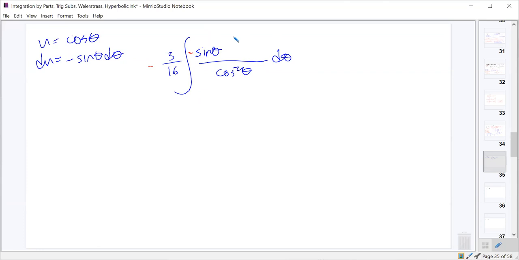And then what's left in the numerator is a sine squared, right? But having an extra sine squared in there is not going to let me convert everything into terms of u. But I could rewrite sine squared as 1 minus cosine squared, couldn't I? So we went from sine cubed in the numerator to sine times 1 minus cosine squared, and then we threw the negative in with the negative outside to let our u substitution happen. Everybody good with that or no?